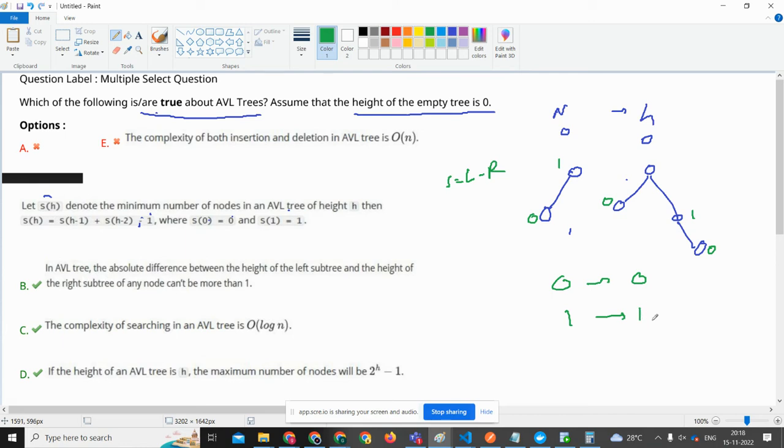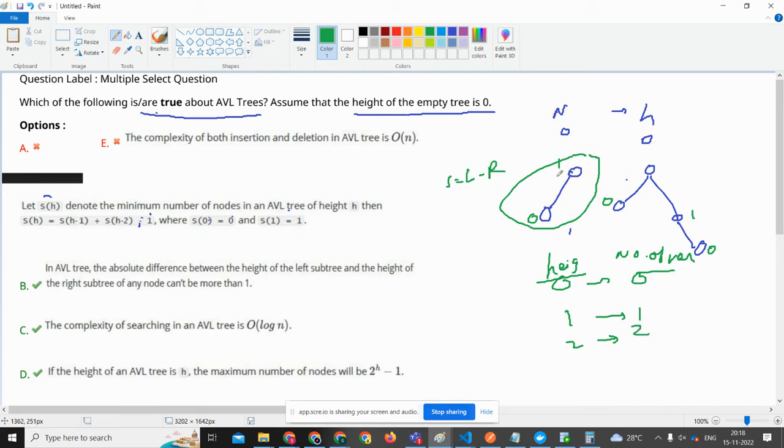Mahi, this is height and this is the number of nodes, or vertices. Tell me, for height 2, how many vertices do you need? Look at this. It's 2.